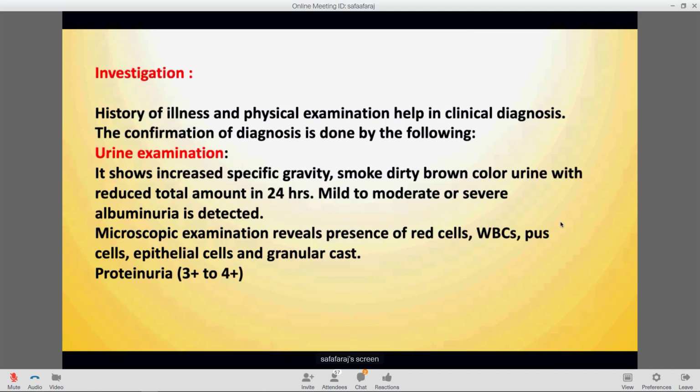Confirmation of the diagnosis is done by urine exam, showing increased specific gravity, smoky, dirty brown color of urine, reduced urine or oliguria during 24 hours, and mild to moderately severe albumin in urine can be detected. Microscopical examination reveals, as your colleague said, red cells, white cells, epithelial and granular casts, and proteinuria 3 to 4 plus.